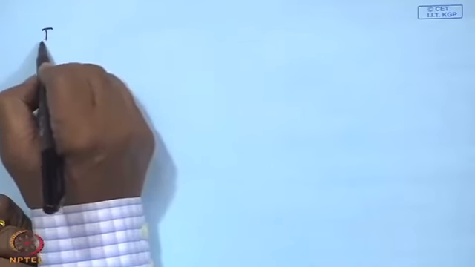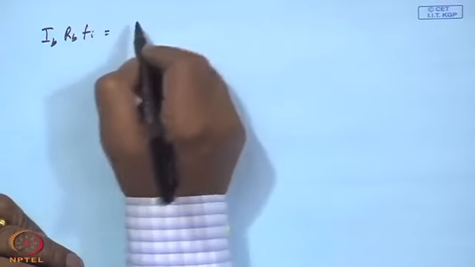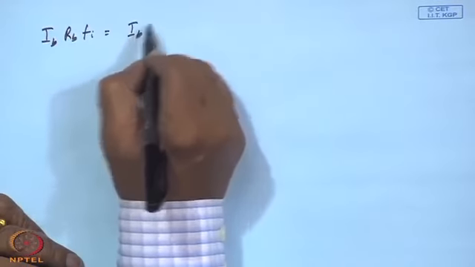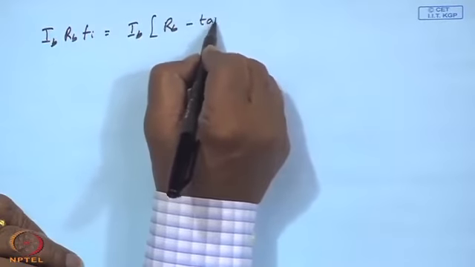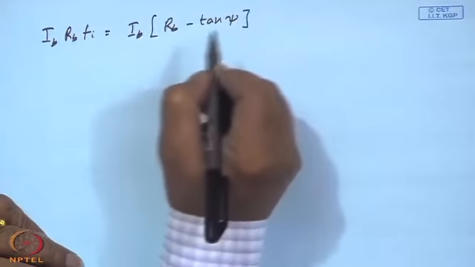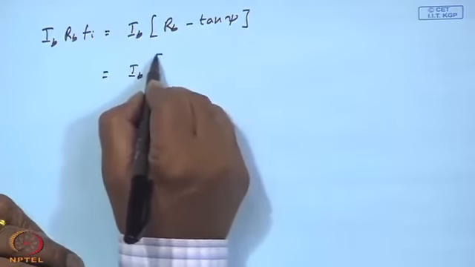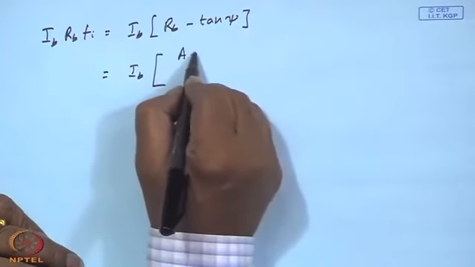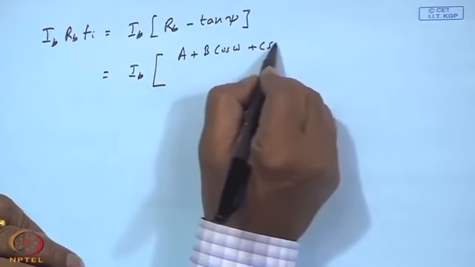So, you have got IB RB Fi, that is IB RB minus tan psi, which shall be IB times, in general, A plus B cos omega plus C sin omega.